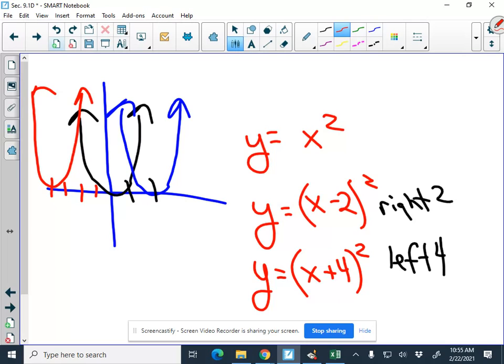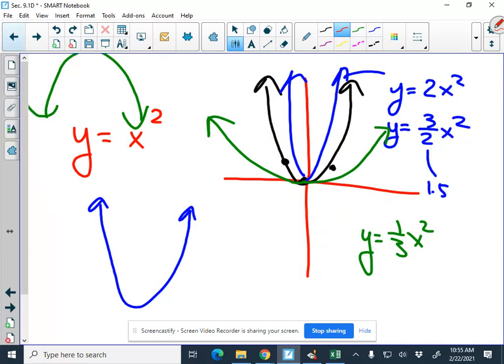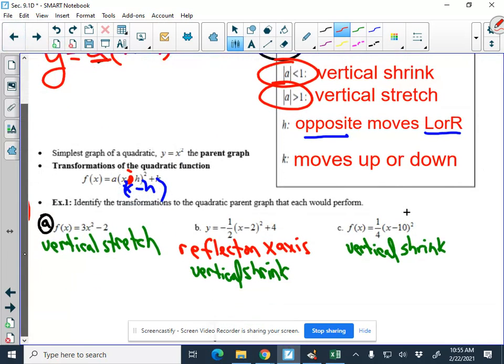So what happens if I have this? That doesn't move it left or right because notice there's no what? Parentheses. Okay, so coming to our examples. If we look at part A, does that one move left or right? Do you see any parentheses? No. So part A, we're going to leave it.